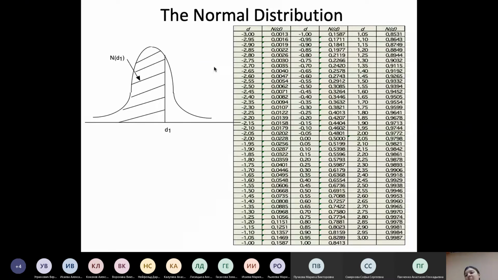To tell the truth, in practice, we are not so interested in our D the first and D the second. We are more interested in the results of our normal distribution.